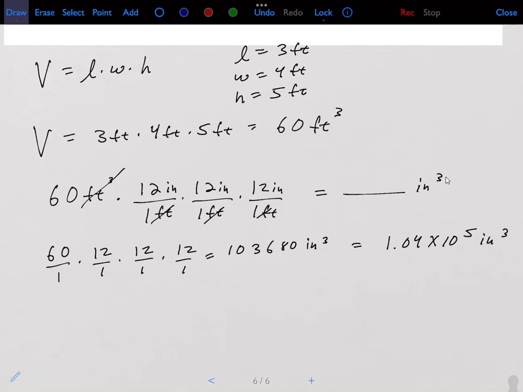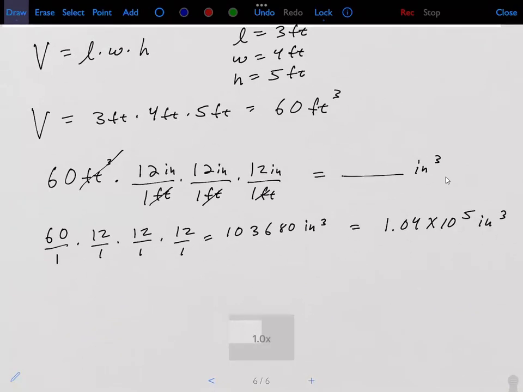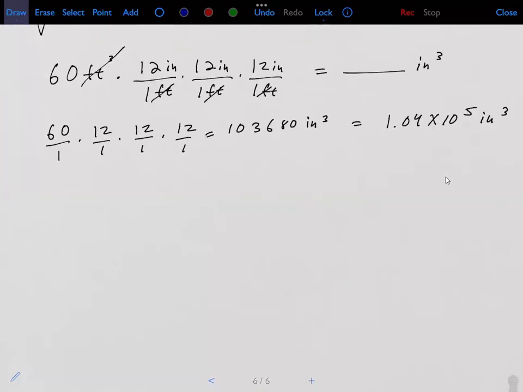And if we want centimeters cubed, I can start with this, right? Actually, I'll start with the more accurate 103,680 inches cubed, and I want to go to centimeters cubed.